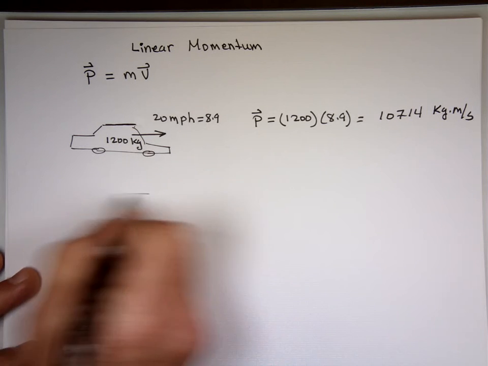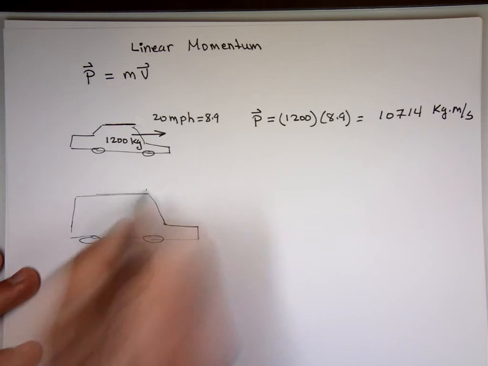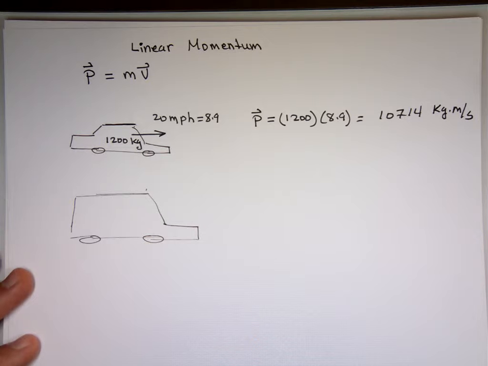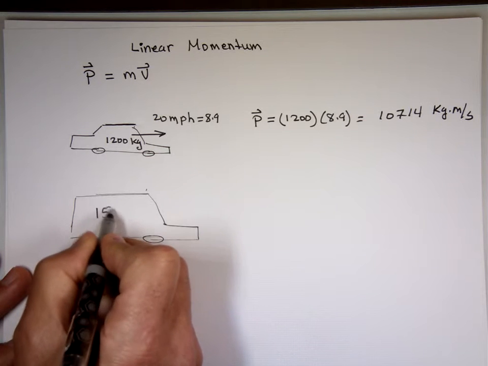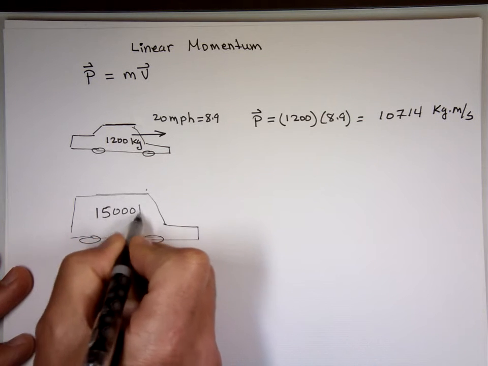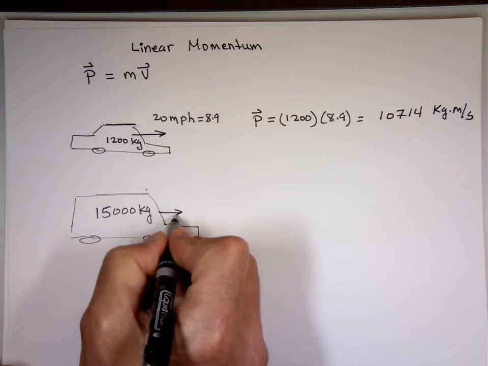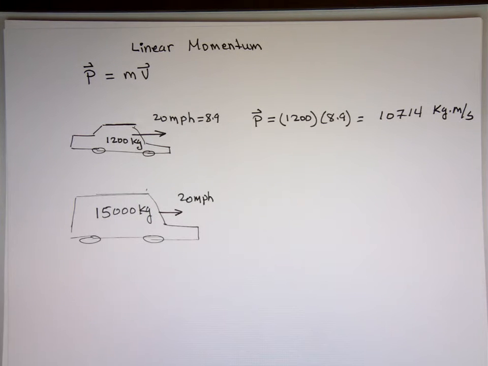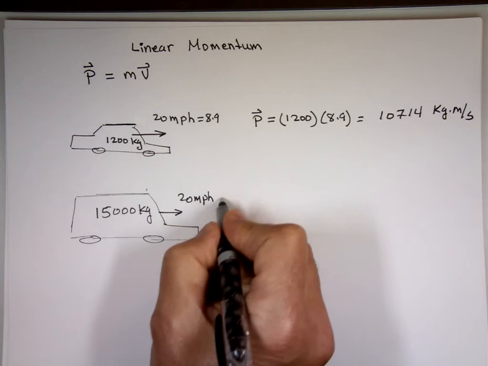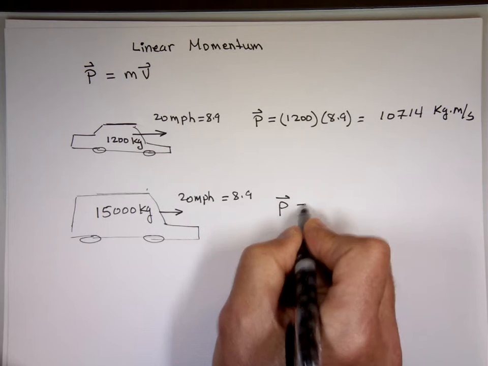Now replace that with the garbage truck I was talking about. If it's loaded, it probably weighs about, let's say, 15,000 kilograms. They've been collecting garbage all day long. And let's say it's moving at 20 miles per hour too, which again is 8.9 meters per second. So how much linear momentum will that truck have?